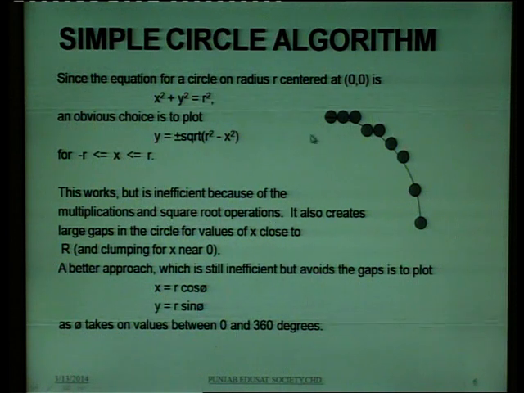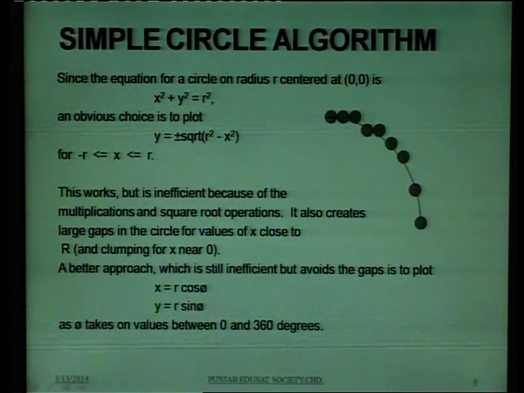So, to find every pixel on every symmetry of the circle, there will be lots of multiplications and lots of square root equations. It also creates large gaps in the circle for the values of x which are close to r, means these are clumping for x near 0.